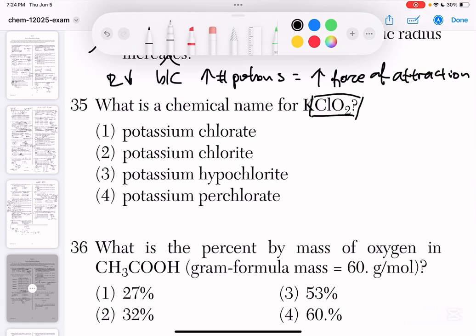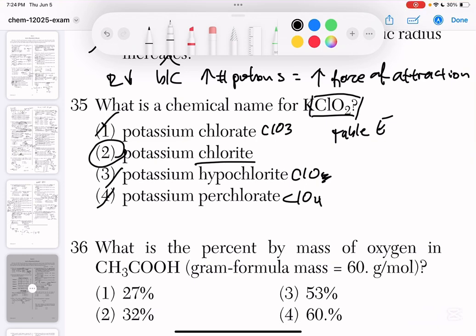ClO2 is in table E. This is chlorite, so we can just ignore the other ones. This would be ClO3, ClO, and the next one is ClO4. So this one has 2, so it's chlorite.